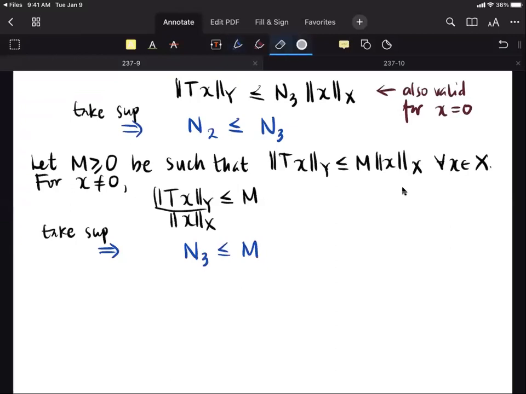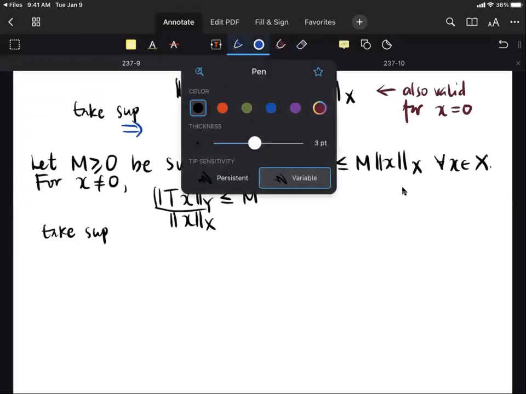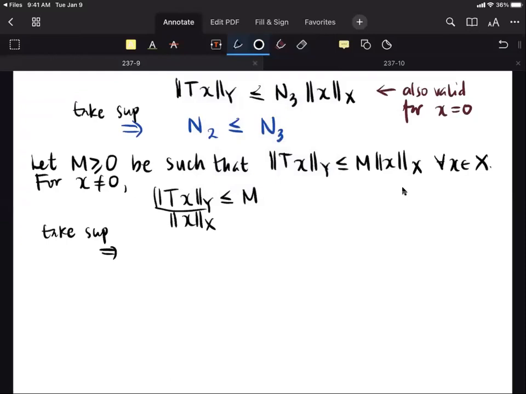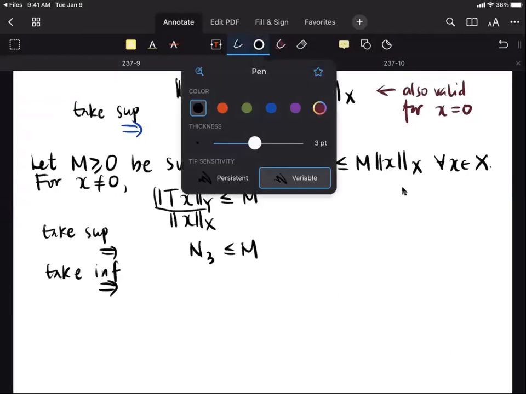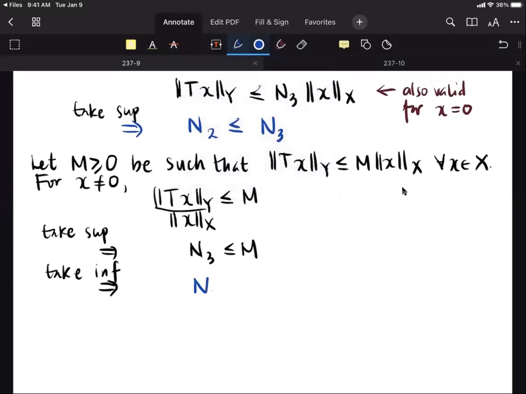Okay, so this is not yet the final conclusion, of course. Since M is an arbitrary bound, we need to take the infimum over all M. So this should be N3.